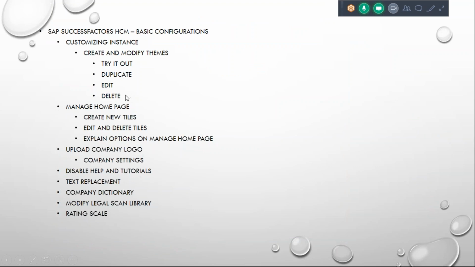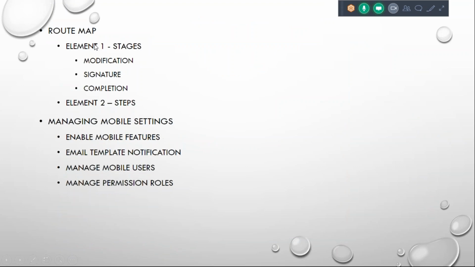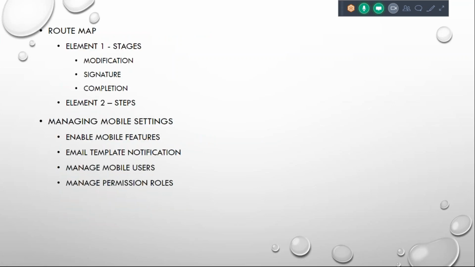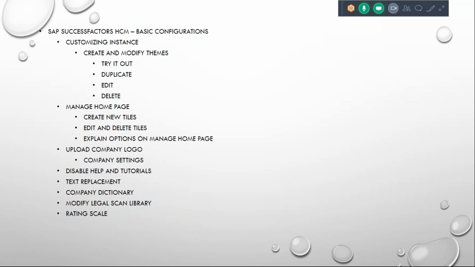We saw about creating a theme. We covered how to manage styles, updating company logo, disable help tutorials, text replacement, company dictionary. We saw about legal scan library now. I have still more to take you on. Rating scale.